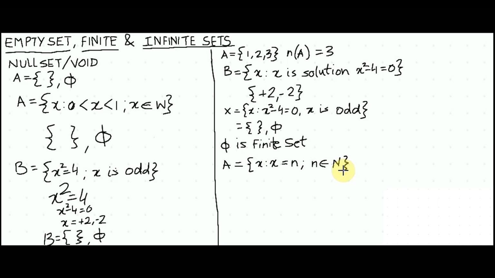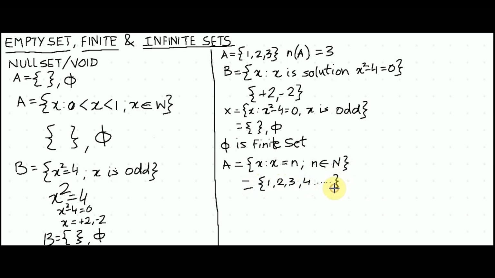So this is a set which I have written, and if I write it in roster form, then what will come? 1, 2, 3, 4, and so on.